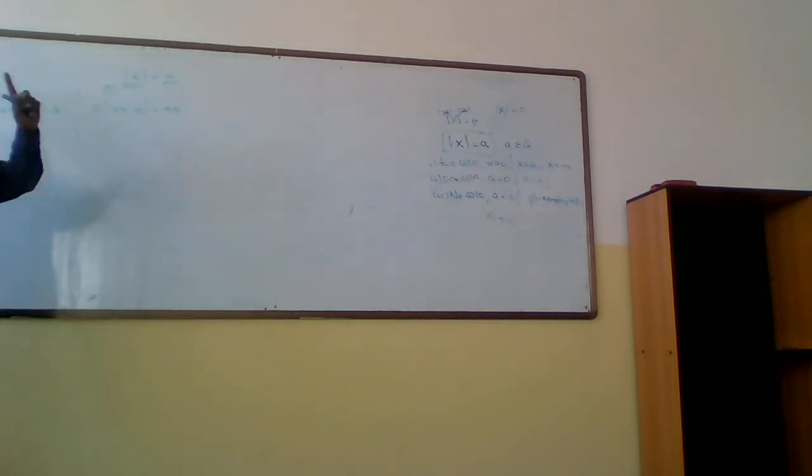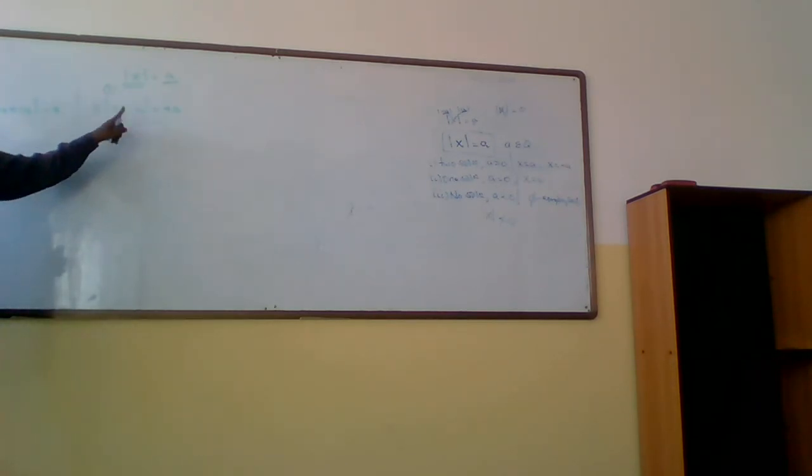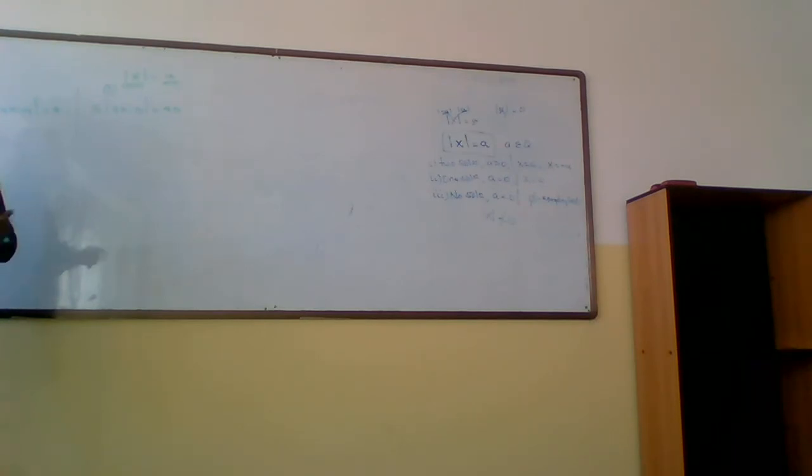So to do that, I have to remove the 5. To remove the 5, I have to understand the operation between the 5 and the absolute value of 7x minus 3. What's that operation?